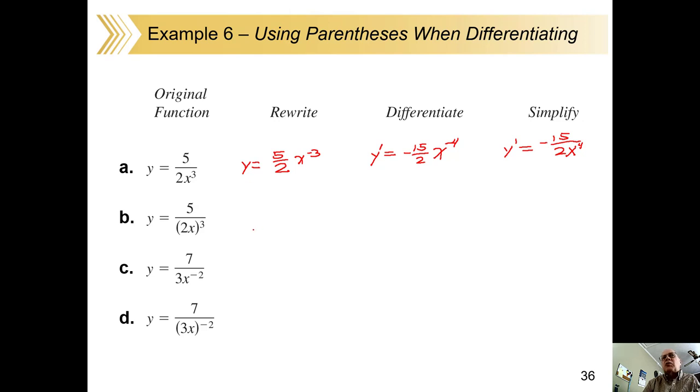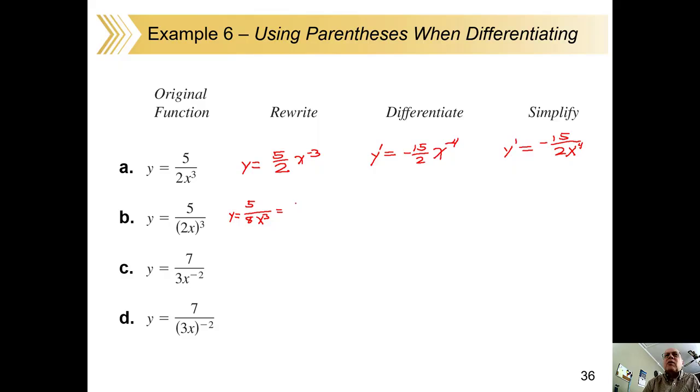First thing we need to do is rewrite it. I might take this in 2 steps. First of all, get the 5 on the top, that's fine. On the bottom, we actually have to cube the 2x. That means 2x times 2x times 2x, or better yet, 2 cubed times x cubed. 2 cubed is 8, and we've got x cubed.